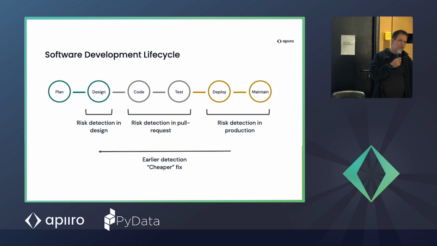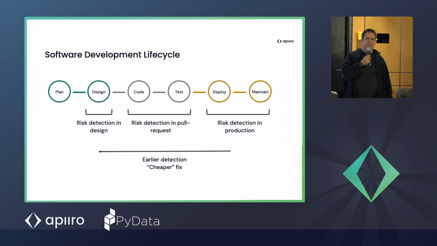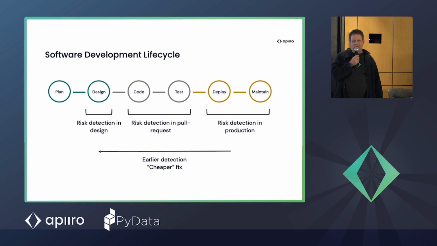For example, if you have a secret in your code, like you have a database and the password is inserted inside the code. If you find this risk in production, in the phase where your software is deployed or maintained, then this risk can cause many issues, and it's very expensive to change.